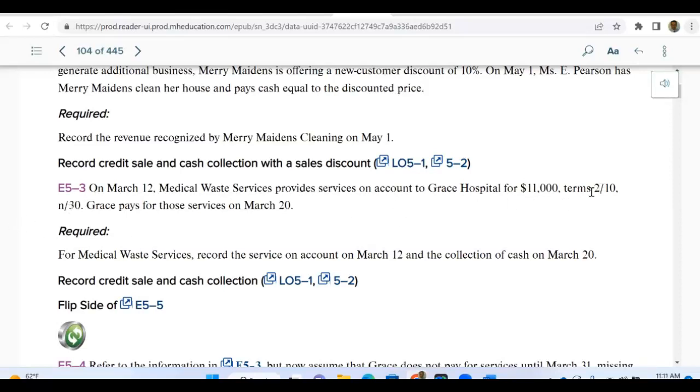That means 2% discount if it's paid within 10 days. Otherwise, the net amount is due in 30 days. Grace pays for those services on March 20. March 20 is less than 10 days, so they should be able to take advantage of this 2/10 net 30.